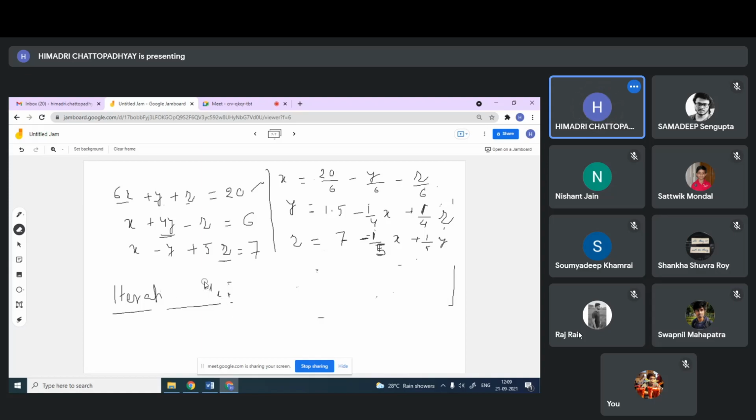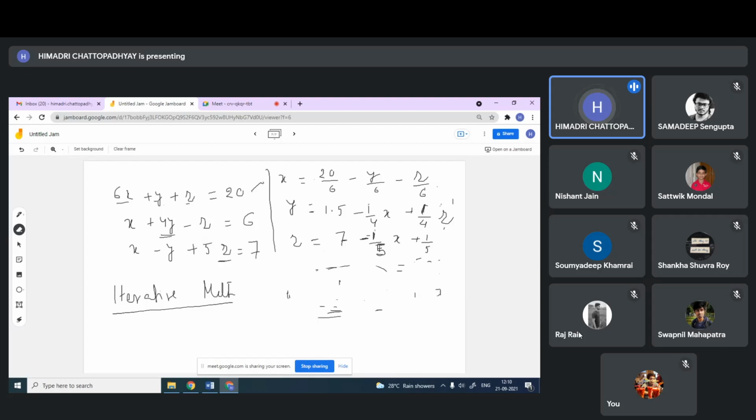Okay, so now what? You can write these equations like this.